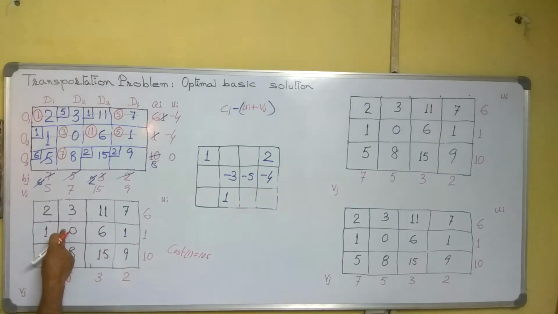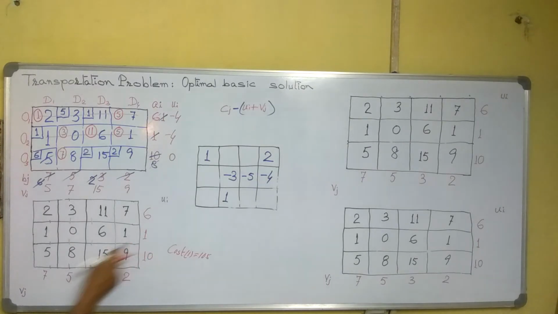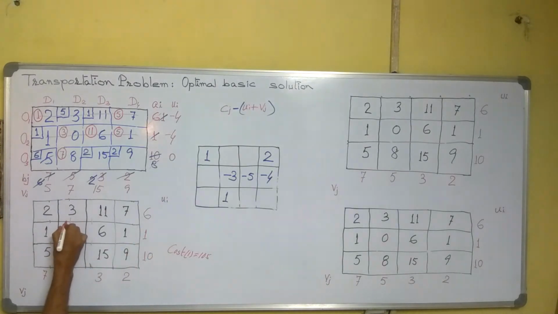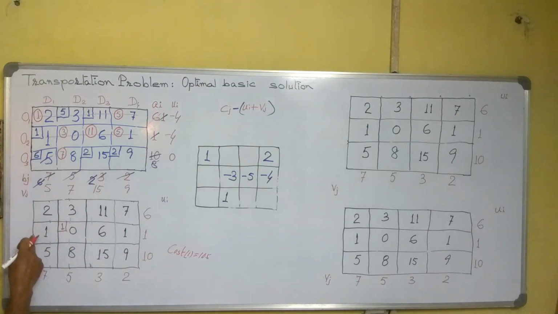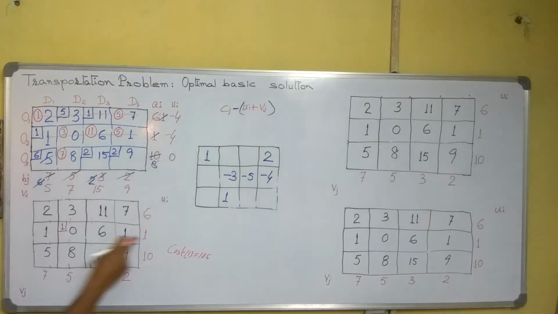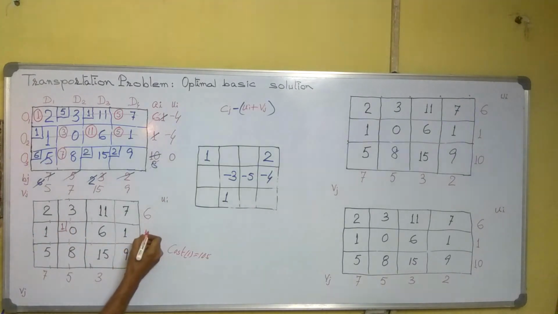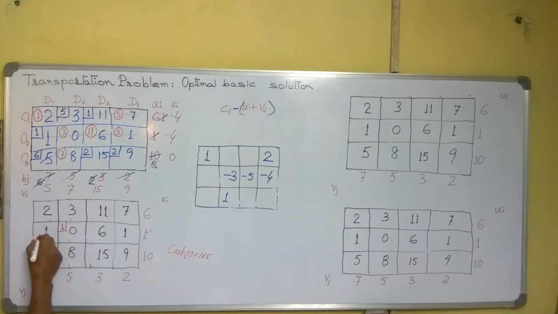Here see, it is 1 and 5. So we will allot 1. As we are allotting 1, the earlier allotted 1 we cannot allot, because now this one is filled and this row is also finished. But here it was 5.